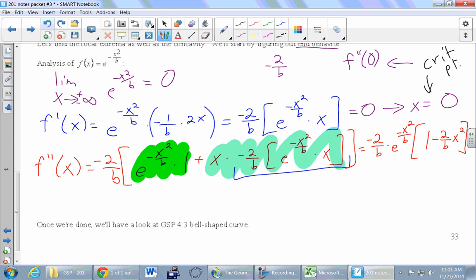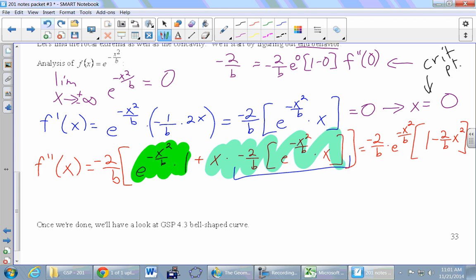E to the 0, which is? How much is e to the 0? That's a 1. And then when you change this x to a 0, that whole back fraction disappears and the brackets becomes 1. So I'll put it as a 1 minus 0. So when all is said and done, that's negative 2 over b times 1 times 1. Negative 2 over b.